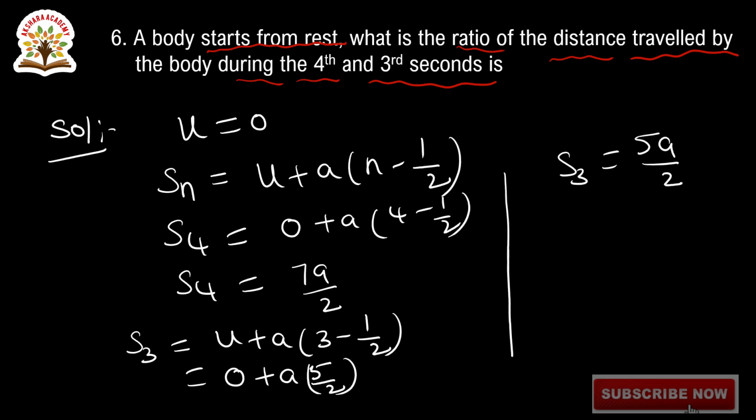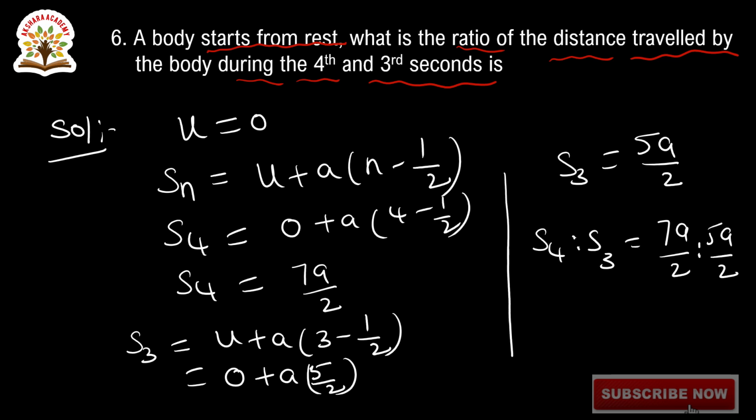We are finding the ratio. In this question they asked the ratio of distances travelled by the body during the fourth and third second. So S4 is to S3 is equal to 7a by 2 is to 5a by 2.